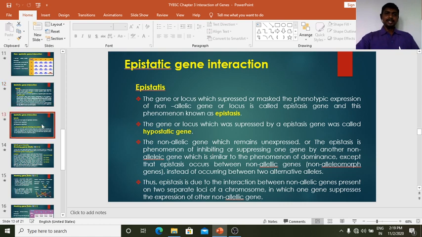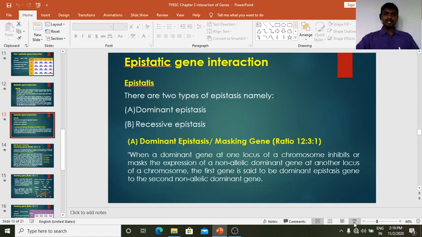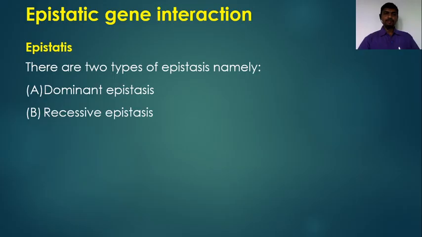Next is the types of epistasis. There are two types: dominant epistasis and recessive epistasis, based on whether the epistatic gene is dominant or recessive.